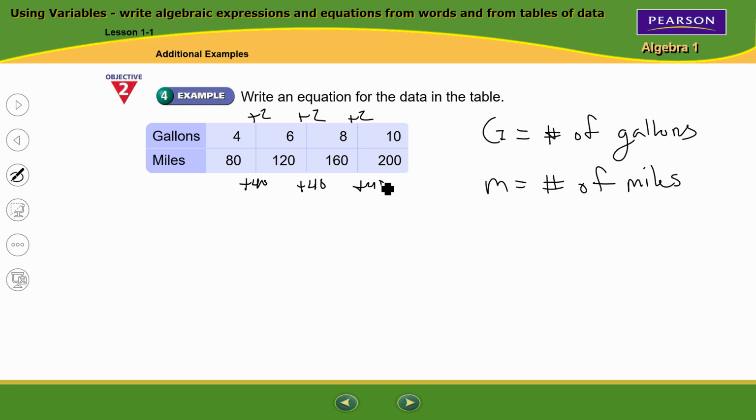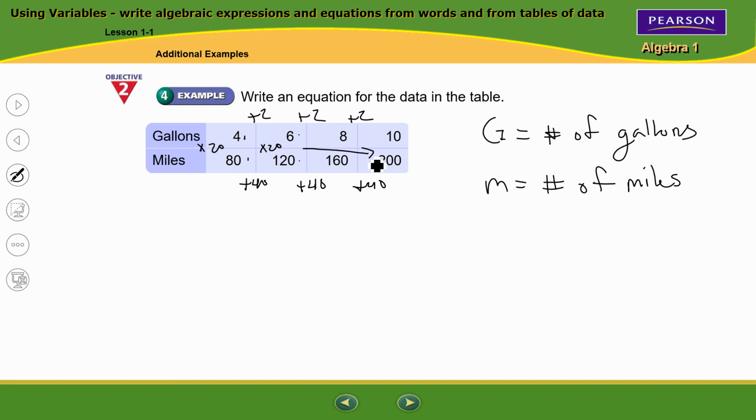So we would like to figure out the relationship here. How do we get from gallons to miles? What do we do to the number 4 to get 80? What do we do to the number 6 to get 120? I can start to see a pattern here. I'm noticing that 4 times 20 is 80. 6 times 20 is 120, and it works all the way across the board.